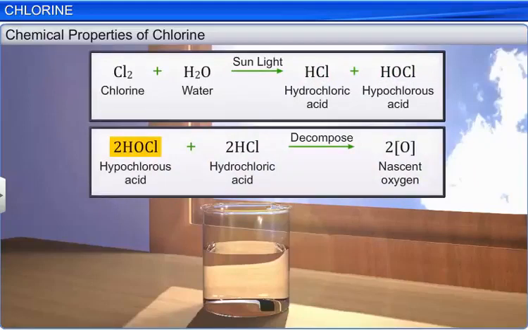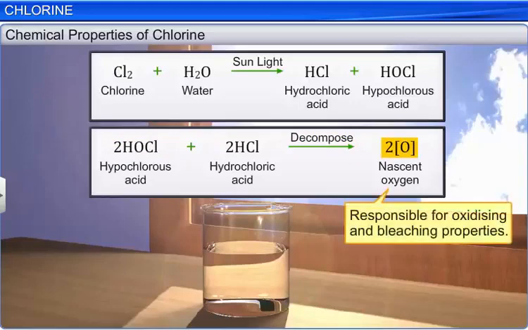Hypochlorous acid, being unstable, decomposes and gives nascent oxygen. The nascent oxygen so formed is responsible for the oxidizing and bleaching properties of chlorine.